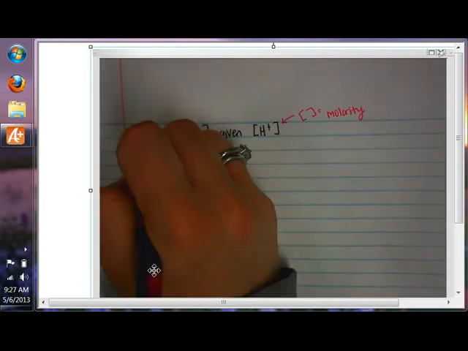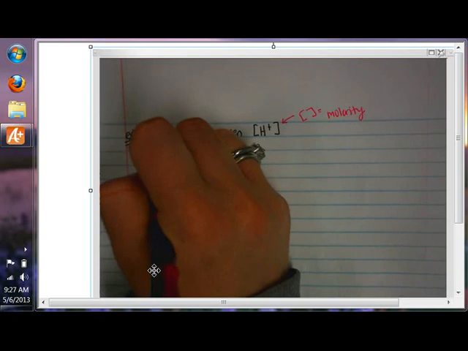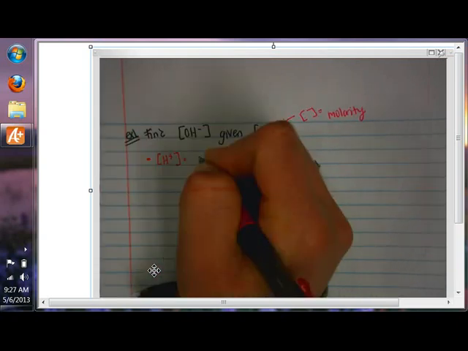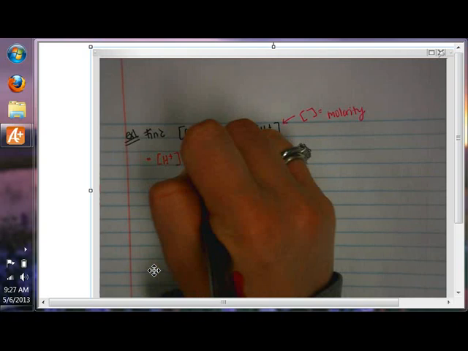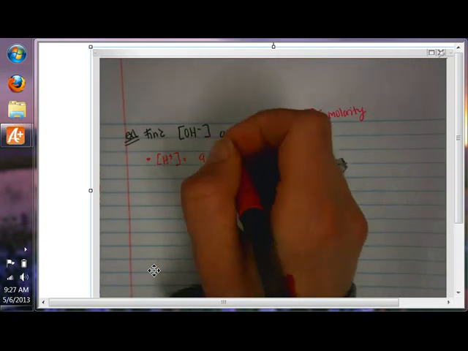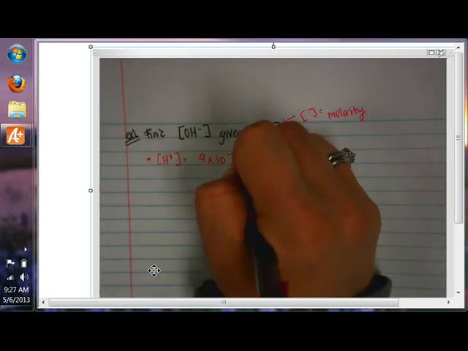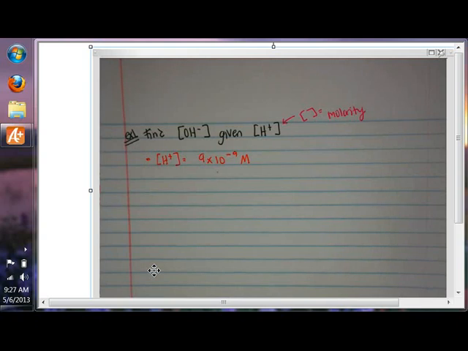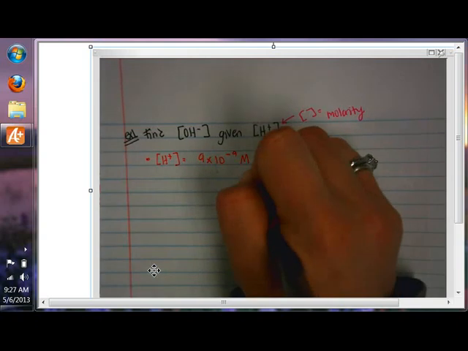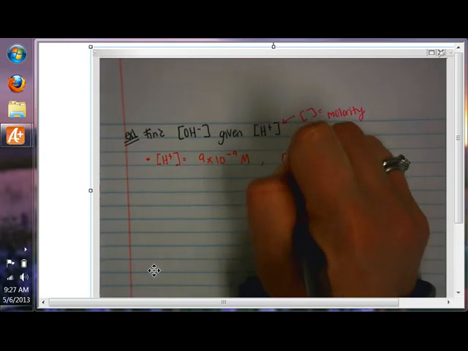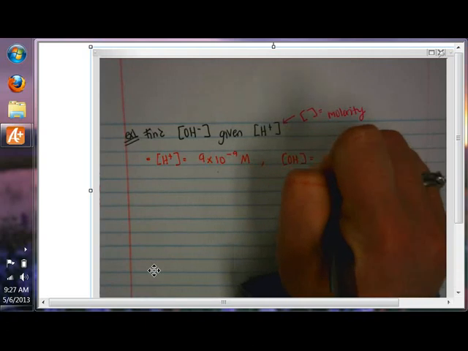So let's say that the concentration of H plus equals 9 times 10 to the negative 9th molar. And I want you to find the concentration of hydroxide.